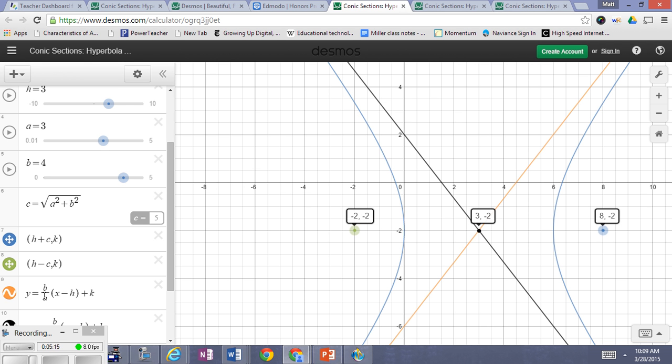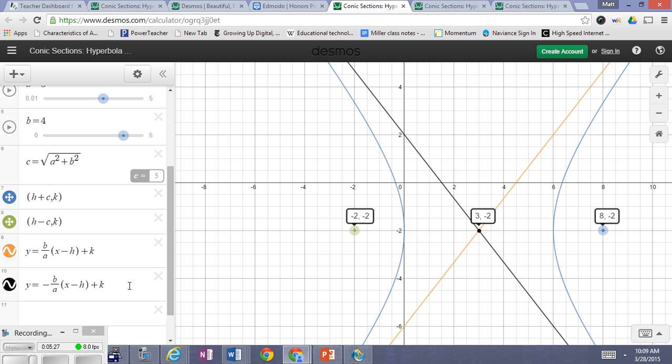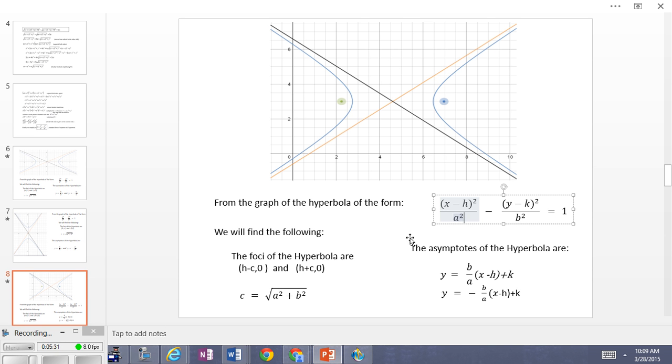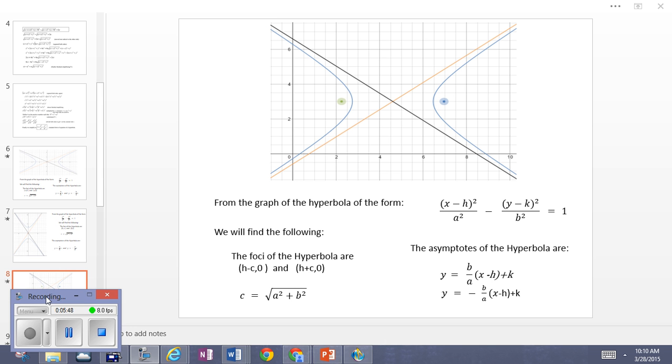So we keep the equations of the asymptote lines with the same slope formulation, but we use the h, k values. So we get that form for our equation of the asymptote line. We go back and take a look at this right here. There it is. We have those coordinates the same. We have the asymptote lines defined with the h and k values in place, and we'll look at some specific examples in the slides to follow.